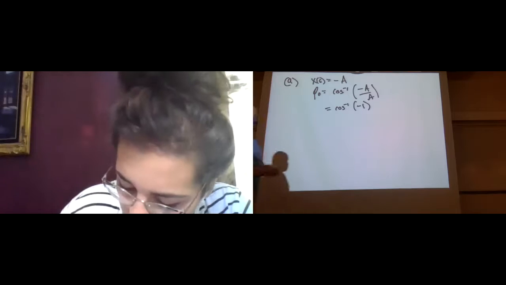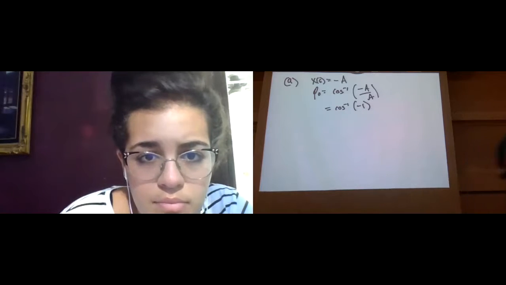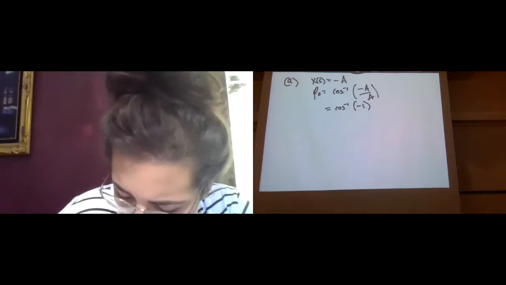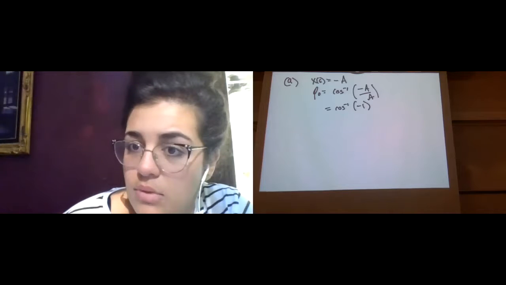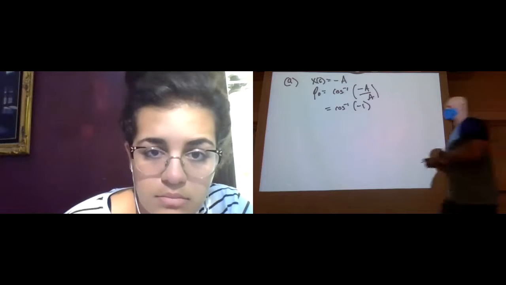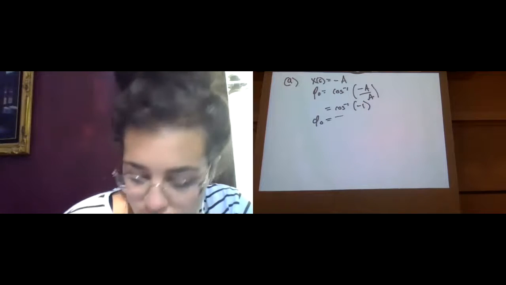So for what angle is cosine equal to -1? Remember your trig. 180, or pi. We're going to work in radians. So this is equal to pi radians.